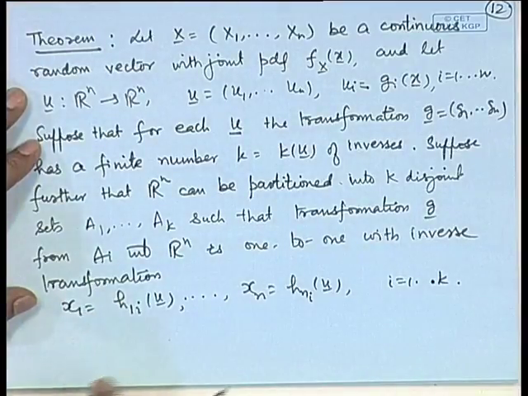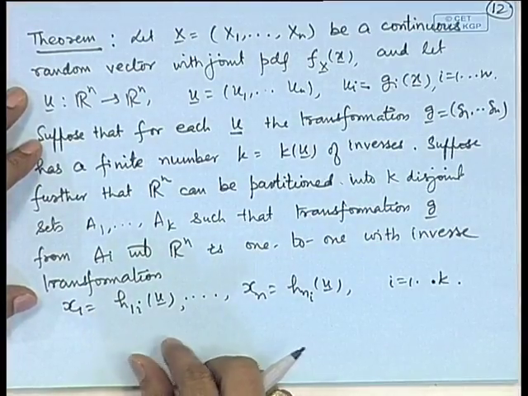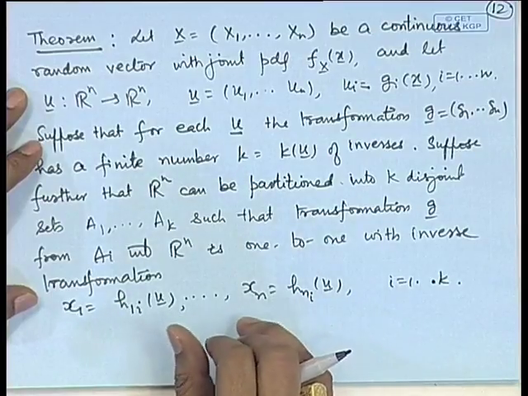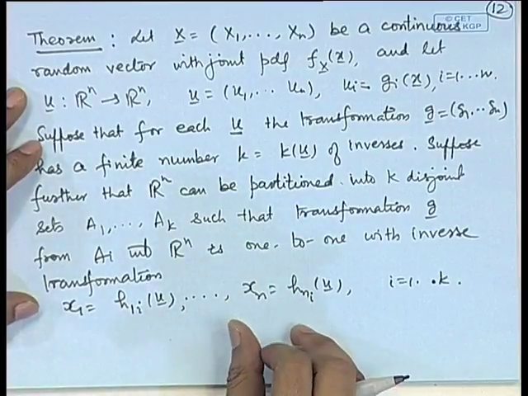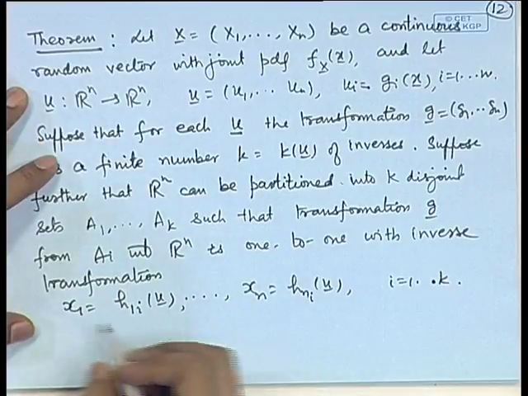As in the case of previous theorem, we have to assume that the mapping and the inverses are continuous, and their first partial derivatives are continuous.